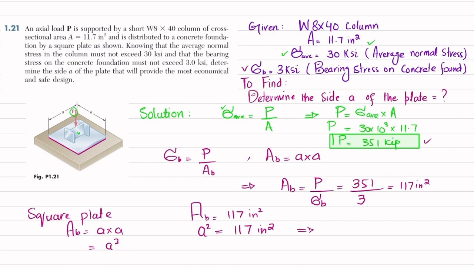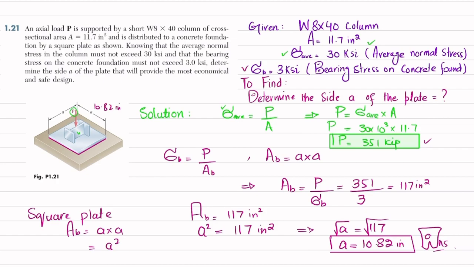So from here, if you take the square root on both sides, you will get A, which comes out to be 10.82 inch. So this is the minimum size of this bearing plate, 10.82 inch by 10.82 inch, which satisfies the above condition.